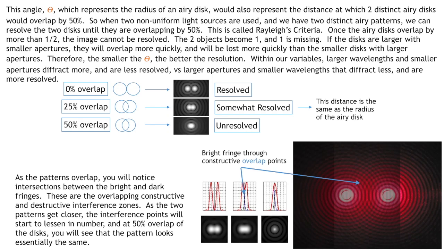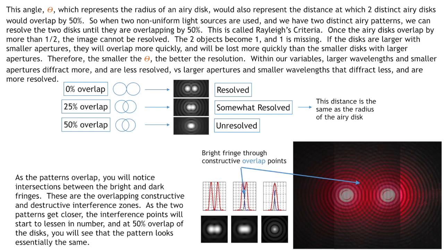And this distance where it's somewhat resolved, just before 50% essentially, is the Rayleigh criterion. And this distance happens to be the same as the radius of the Airy disk, right? So 50% overlap of two disks is the point of the radius of a single Airy disk.